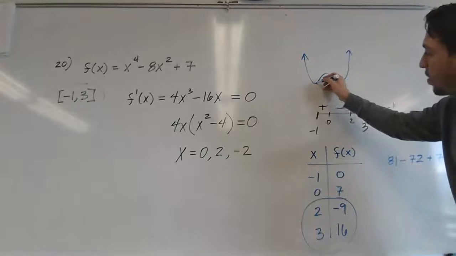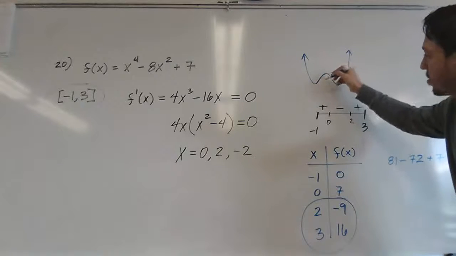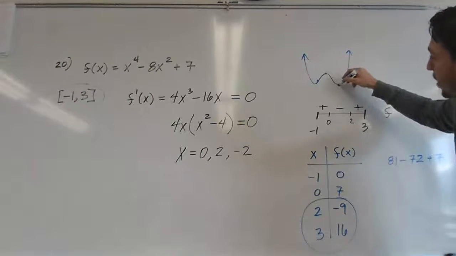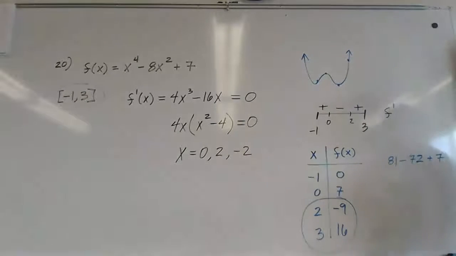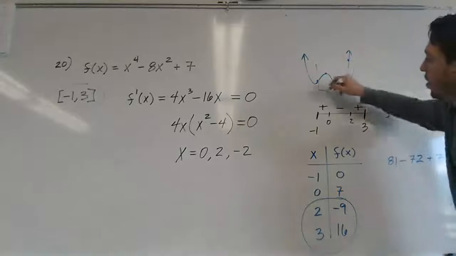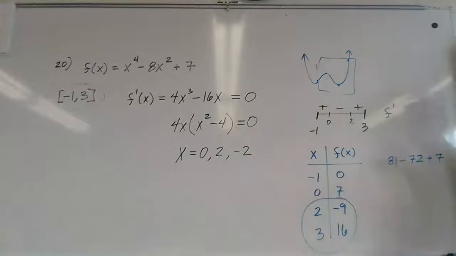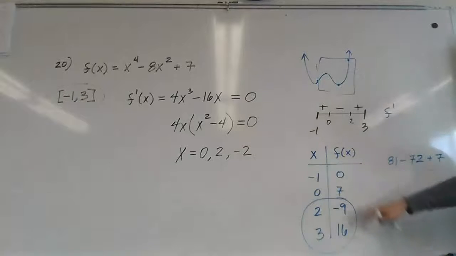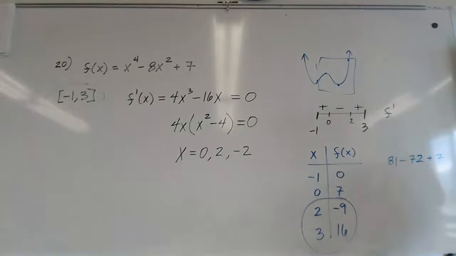It went from 0 to 7, down to -9, and then back up to 16. That's kind of the interval we were looking at. Increasing, decreasing, increasing, and it hit these 4 values as it moved.